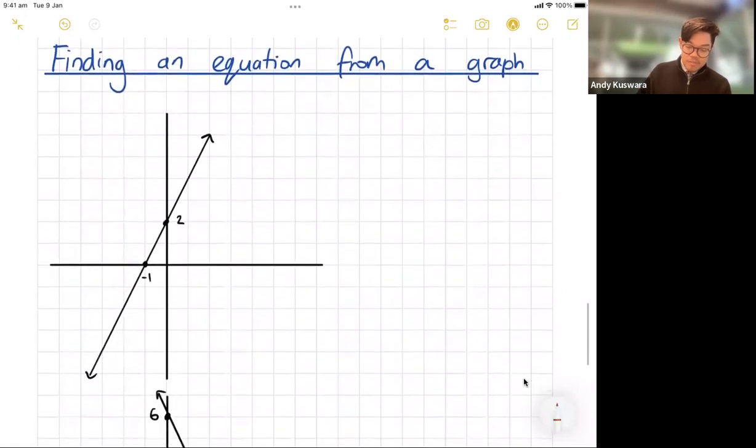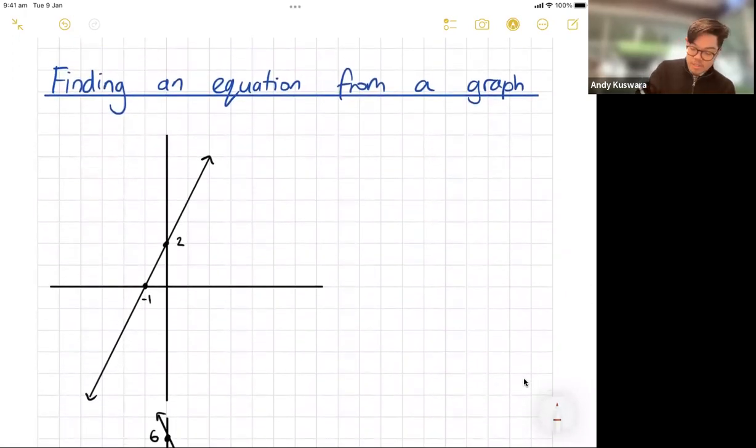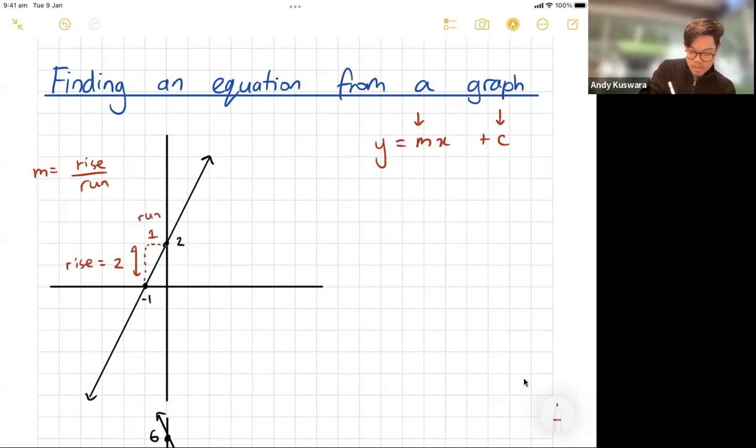Now also we can find an equation from a graph. Here, remember, we know that it's y = mx + c, so all I need to know is the m and the c. The gradient is going to be rise over run. I need to pick 2 points here, and these are the 2 points I can use. My rise is 2, and I can see my run is 1. I always run from left to right.